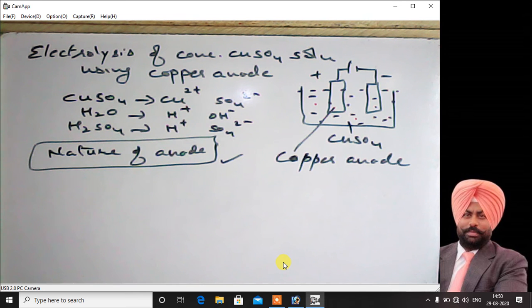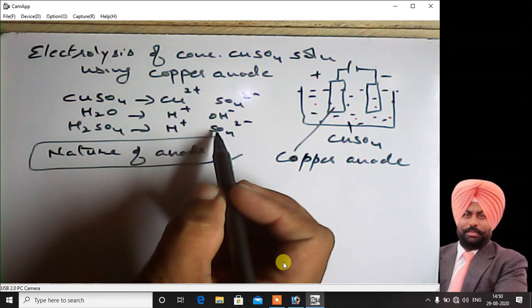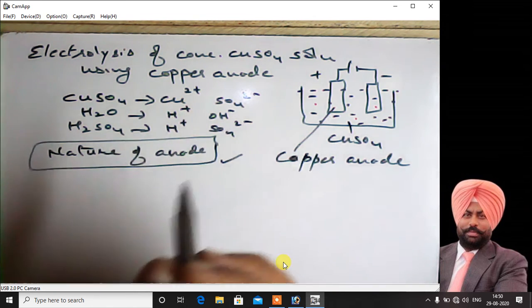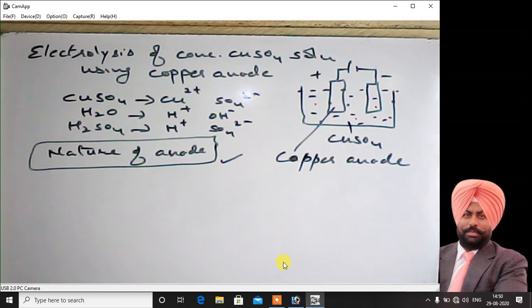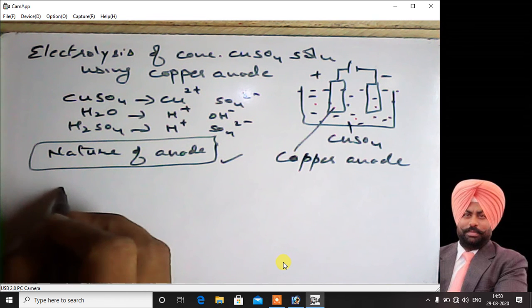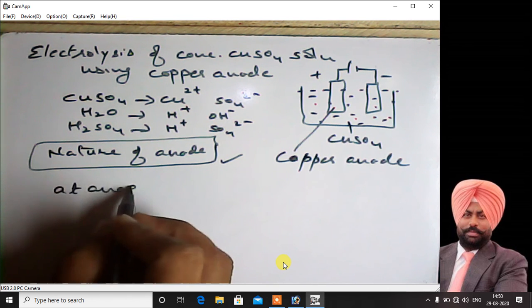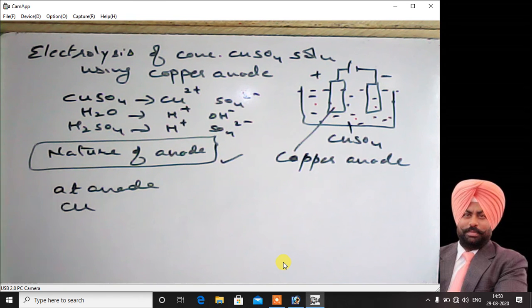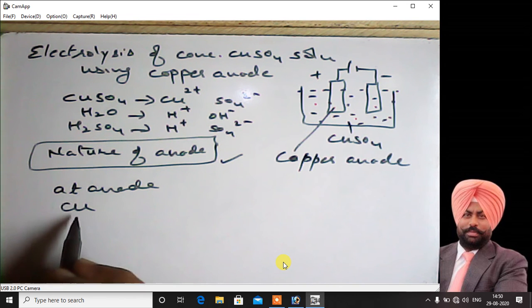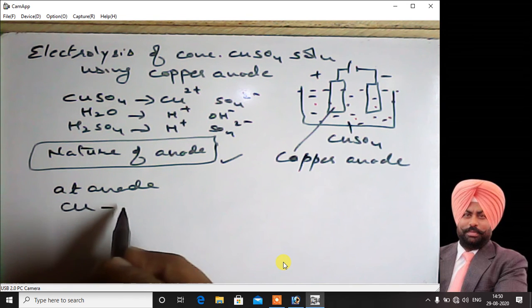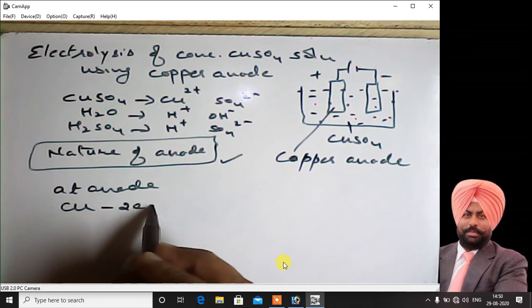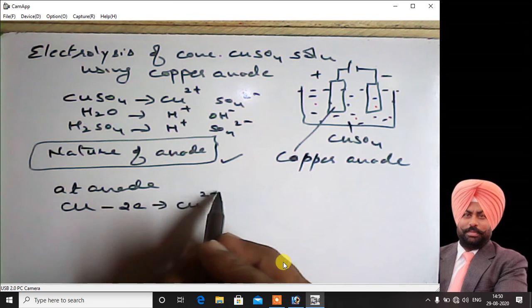It means if no ion will migrate towards anode, then what will happen at anode? Which ion will move towards anode? And the answer is that at anode, because the anode is of copper, that copper metal will lose 2 electrons and it will form copper ions.